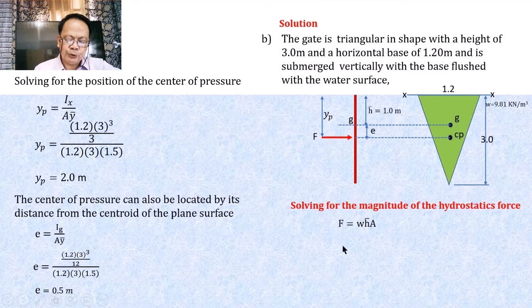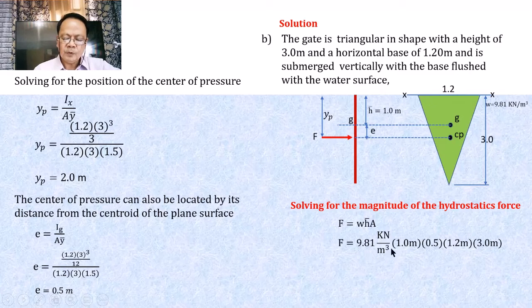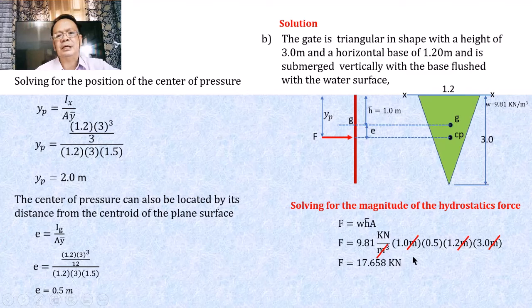And so when we substitute the value, you will have 9.81 multiplied by 1 multiplied by 1/2 of 1.2 times 3. Again, these units will cancel. And so your F will be equal to 17.658 kilonewton. That gives us our magnitude of the hydrostatic force.